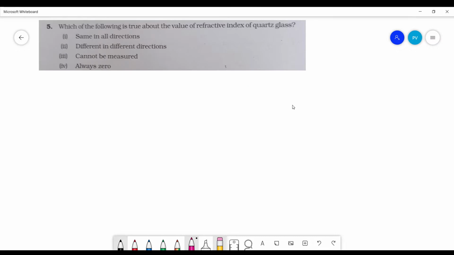Question number 5. Which of the following is true about the value of refractive index of quartz glass? First you should know what refractive index is. Refractive index is a physical property. Here they are asking about quartz glass.